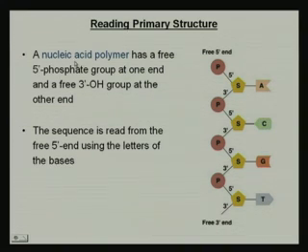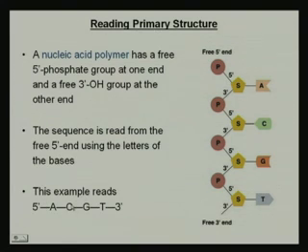A nucleic acid polymer has a free 5' phosphate group at one end and a free 3' OH group at the other end. The sequence is read from the free 5' end using the letters of these bases.